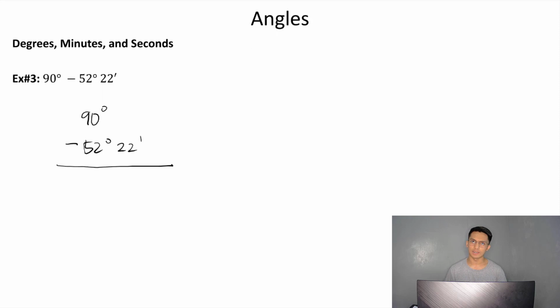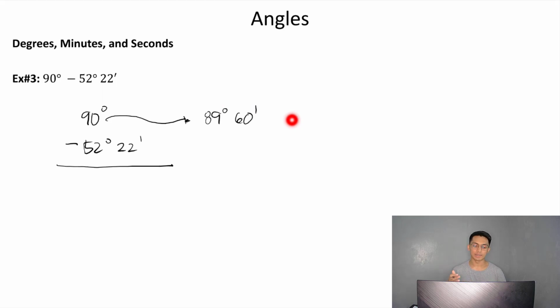So, saan natin isusubtract yung 22 minutes na given sa kabilang angle? Ang gagawin natin, parang sa regular subtraction natin, we need to borrow 1 degree from 90 degrees, and yung 1 degree na yun, i-convert natin into minutes para may mapagkunan or may minusan yung ating 22 minutes na given from the other angle. So, i-convert muna natin itong 90 degrees into 89 degrees and 60 minutes.